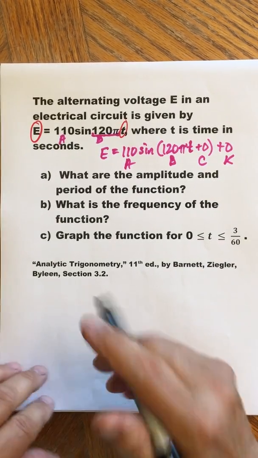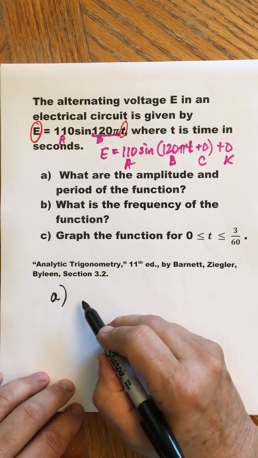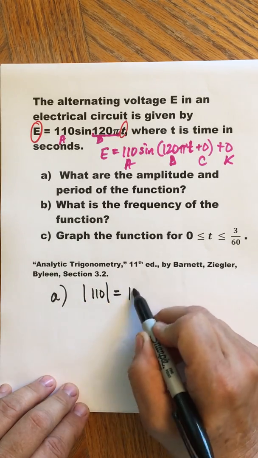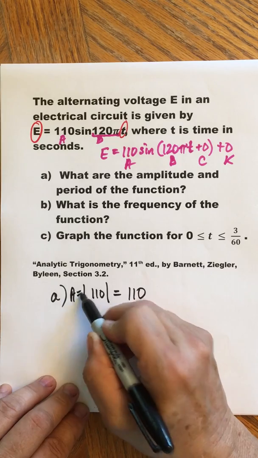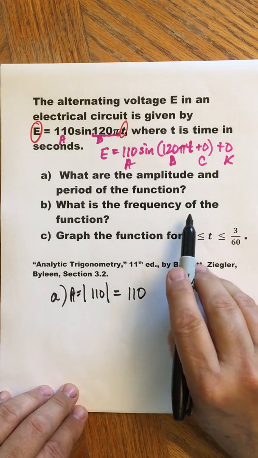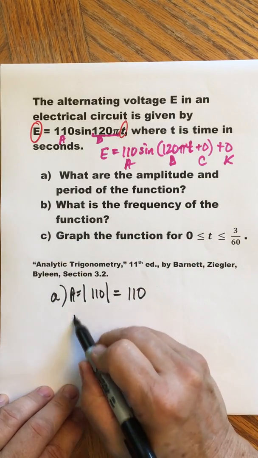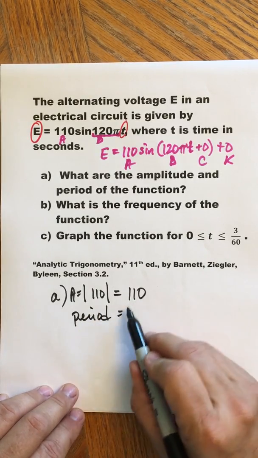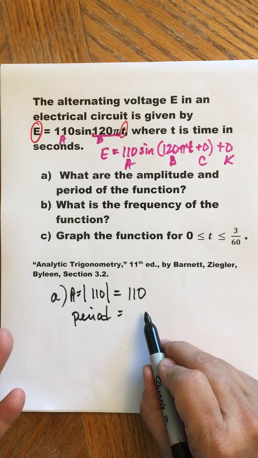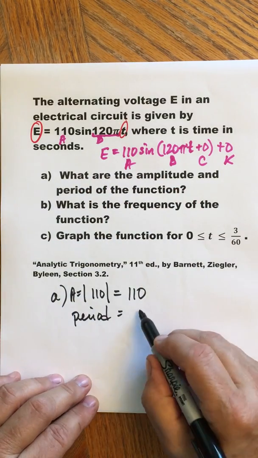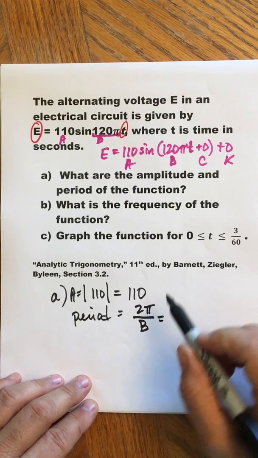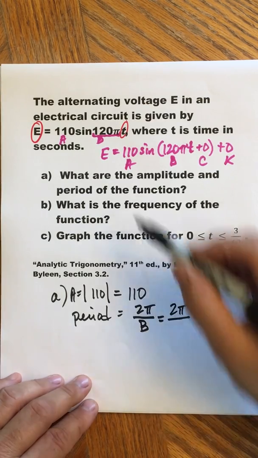Now let's take a look at A. What's the amplitude? The absolute value of 110 is still 110, so that's A. And the period of the function is the normal distance it takes to see a sine wave, which is 2 pi for a sine wave, divided by B. So that's 2 pi divided by 120 pi.